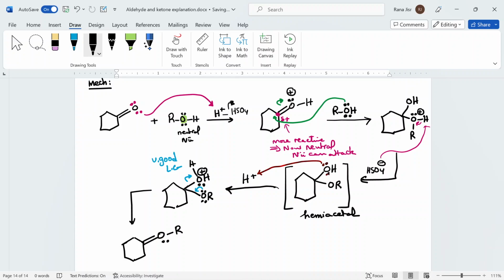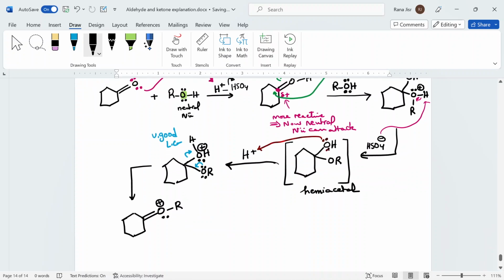The oxygen over here lost the lone pair, so it's going to be a positive charge. When oxygen makes 3 bonds in the lone pair, it is a positive charge here. And what you have in the solution, you have your water in there. Okay, so water left, and that is going to be my leaving group.